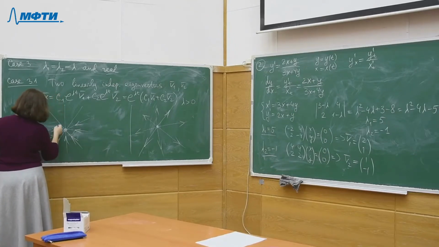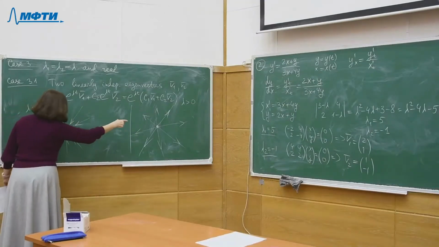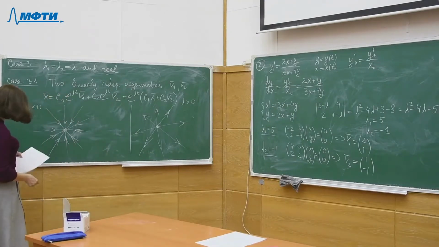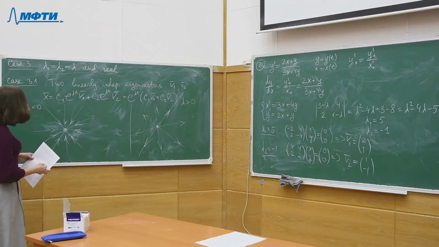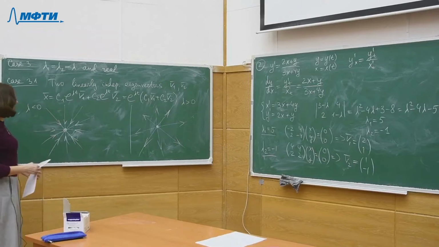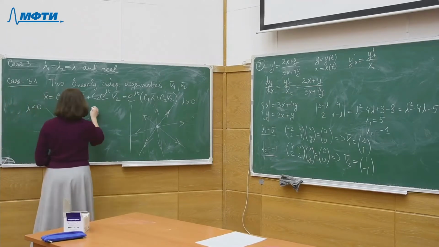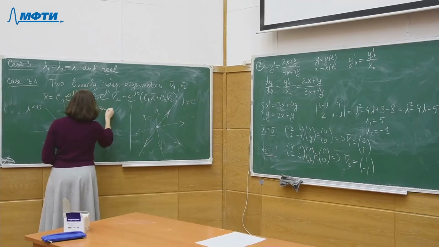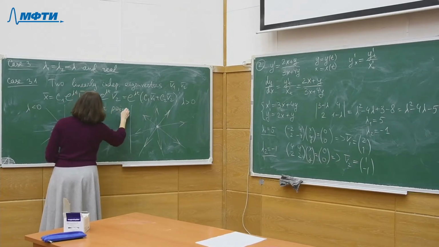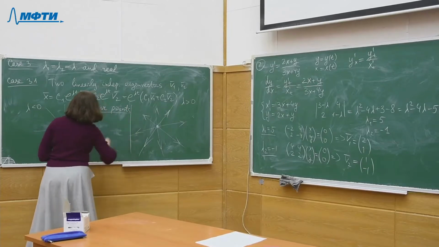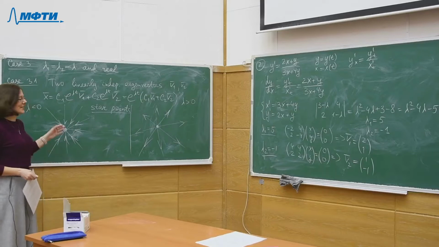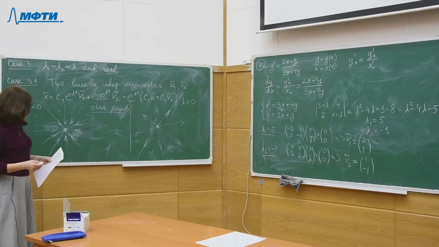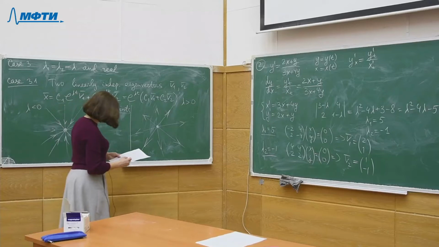So this is a sink, this is a source, and they are called proper node or star points. It's better for me to say star point. So they look like a star. Or it is a proper node.